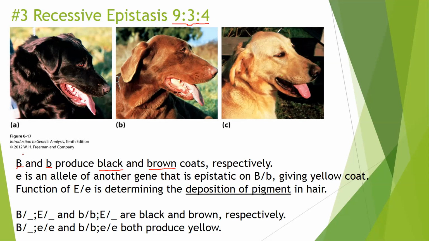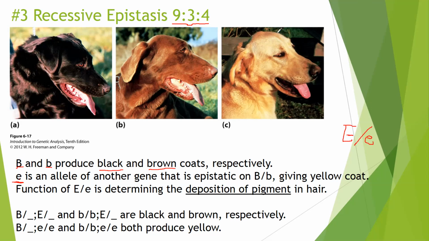However, the phenotype of this gene is totally dependent on the second gene. There's another gene, which is the E gene, with a capital E versus a lowercase e. Let's see what is the function of this E gene.